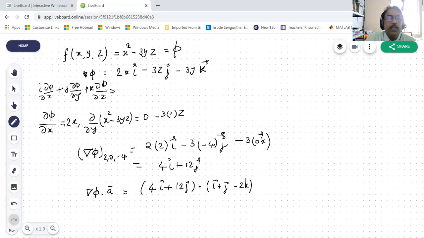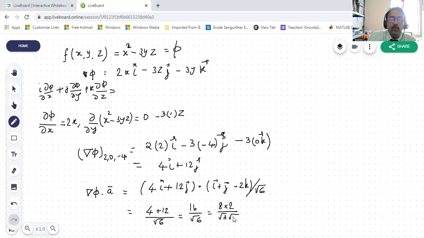Let me see whether I have written the vector correctly: i plus j minus 2k divided by root 6. So you take the dot product: 4 plus 12, there is no k, divided by root 6, which is equal to 16 by root 6, which is equal to 8 into 2 by root 3 into root 2.